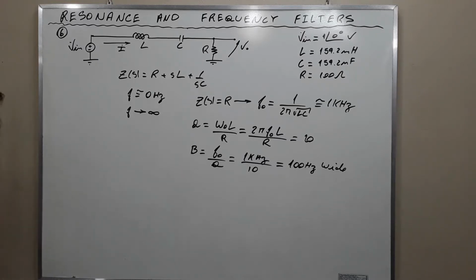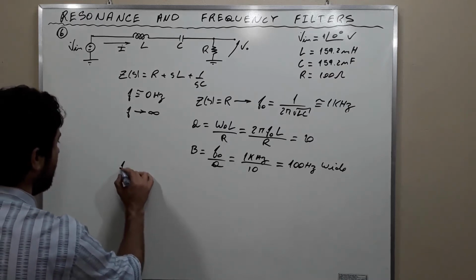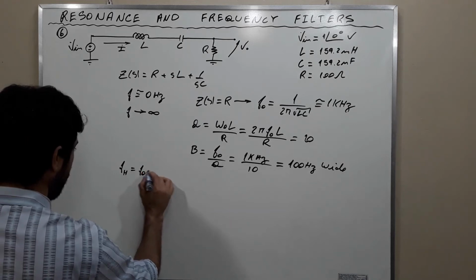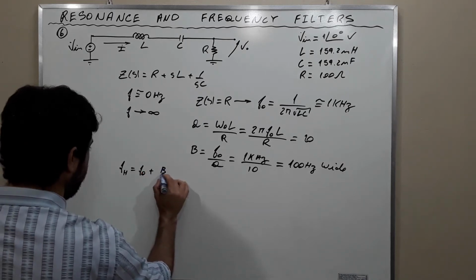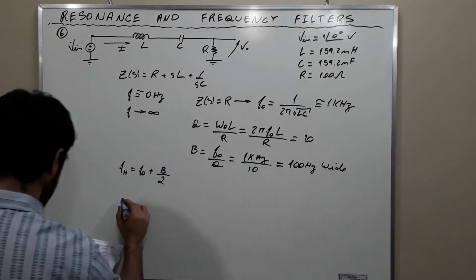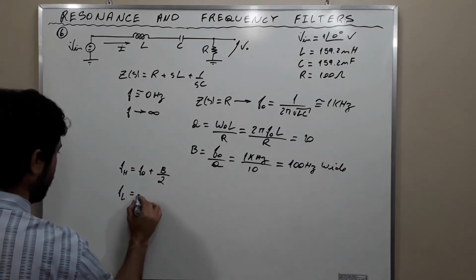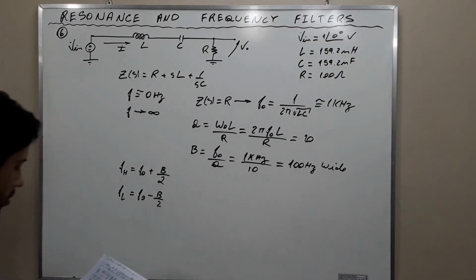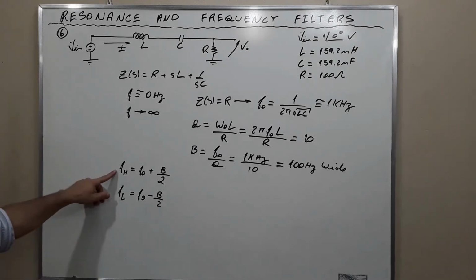Okay, you can find these approximations in your favorite reference textbook, and you're gonna see that FH is equal to F0 plus B over 2, and FL is equal to F0 minus B over 2. Okay, these are the half power frequencies.